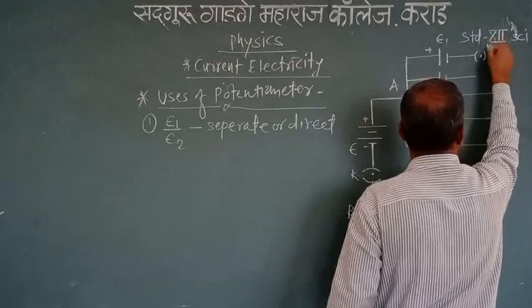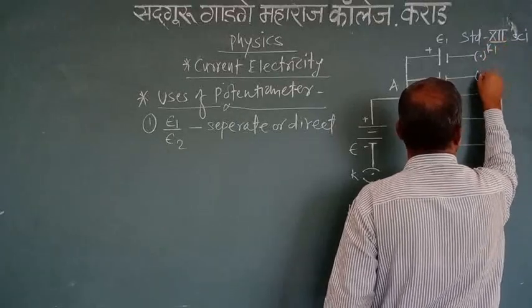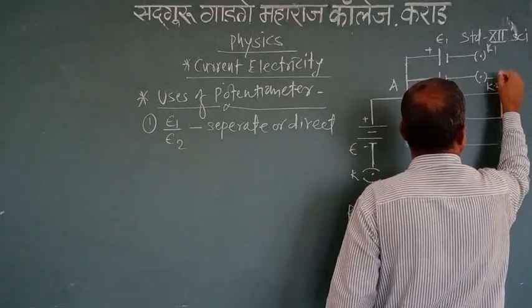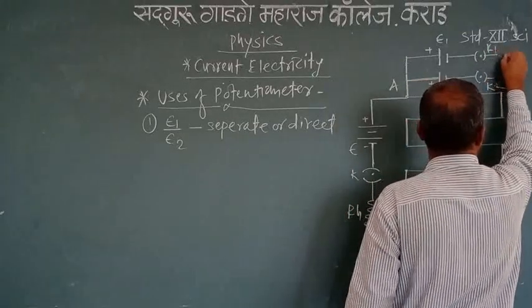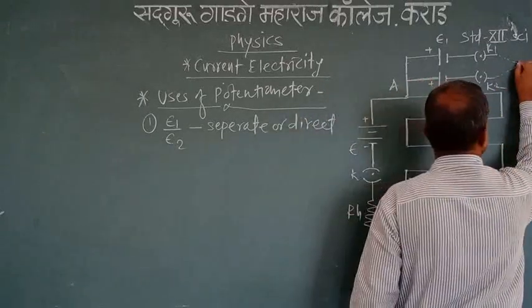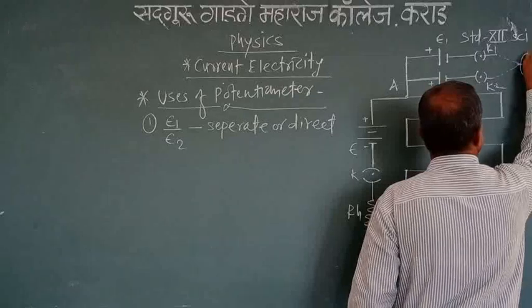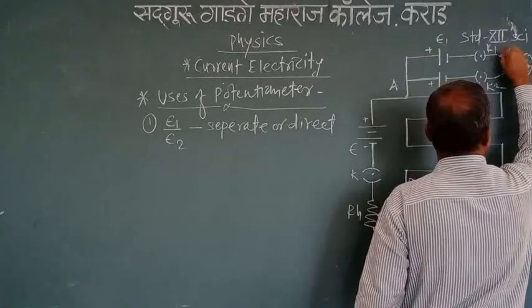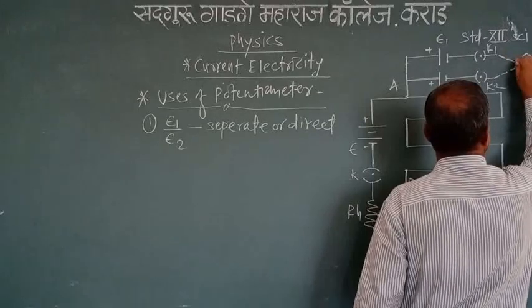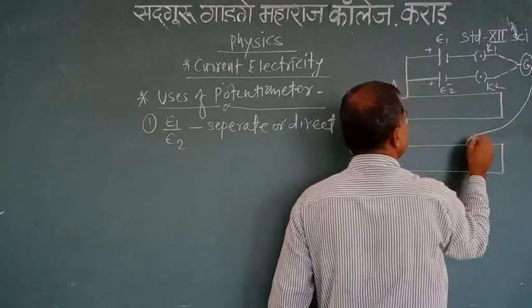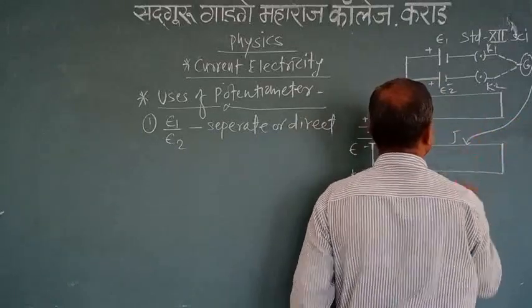Suppose this is K1, this is K2, and common point of these two keys connected to galvanometer. And another end of galvanometer is connected to sliding jockey J.